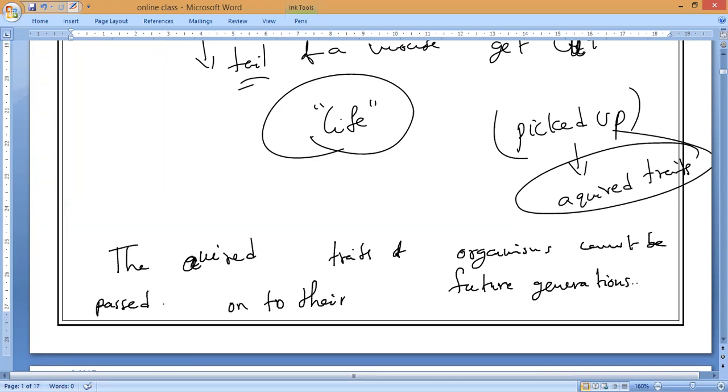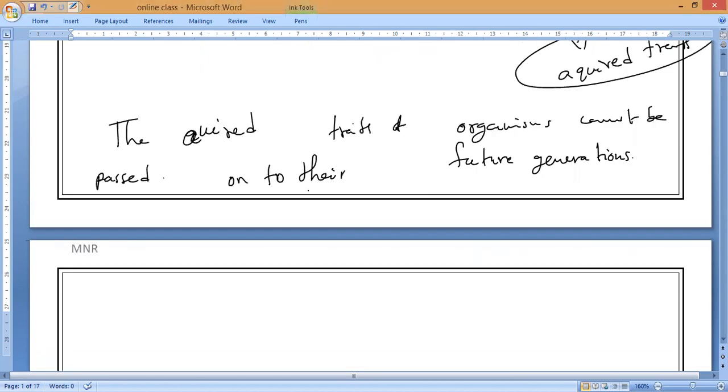So whatever is not coming from birth and is not passed to the next generation is what we call acquired traits. Is it okay, guys? Everybody, please respond. So that is what you need to remember.